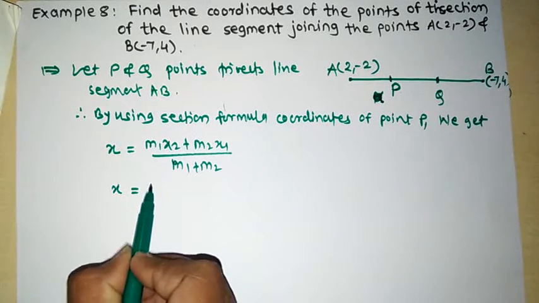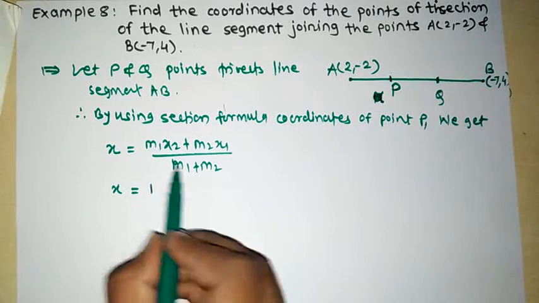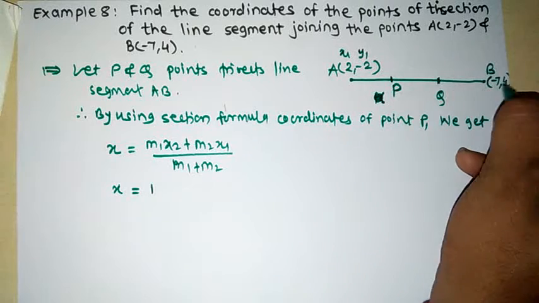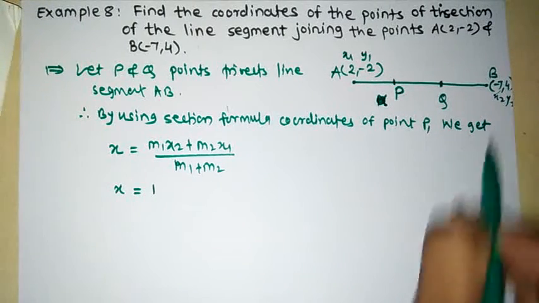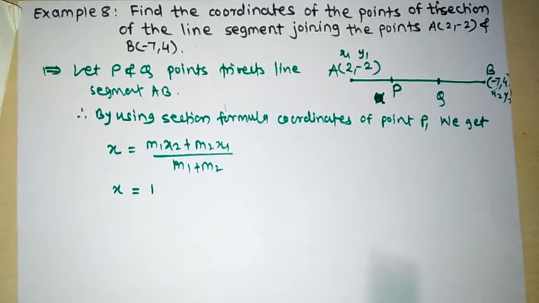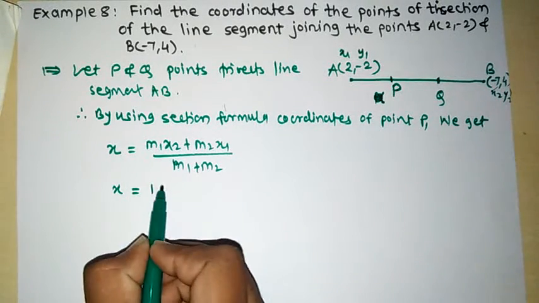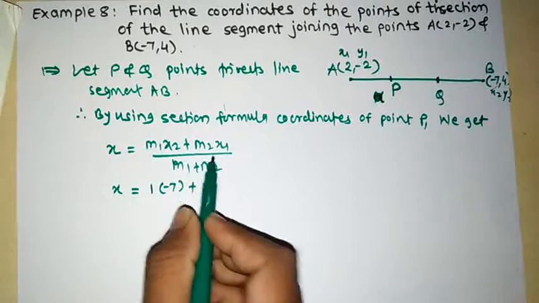x is equal to, m1 is 1 and m2 is 2. What is the value of x2? We will assume this is x1, y1, and this is x2, y2. Put all the values. What is the value of x2 here? x2 is -7. Put here -7 plus m2.